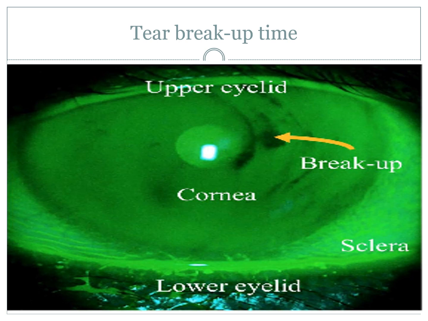Now, conventionally, when you do the TBUT measurement, it's often done with a slit lamp under cobalt blue light, but you can do it with Fluorescein and using the cobalt blue of an app on a phone, or you can also use an ophthalmoscope itself. Now, the procedure is pretty simple.